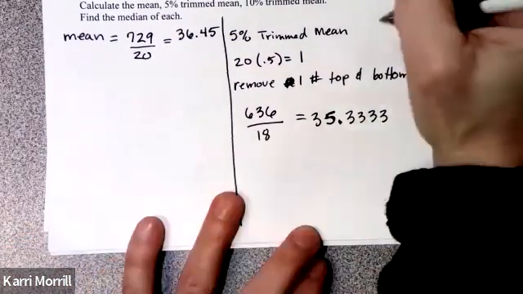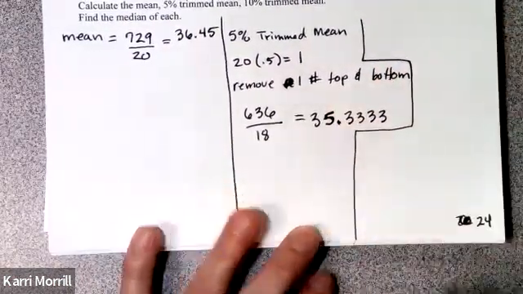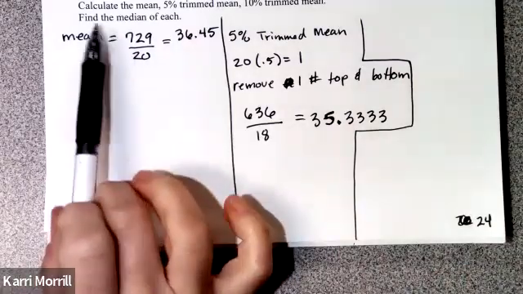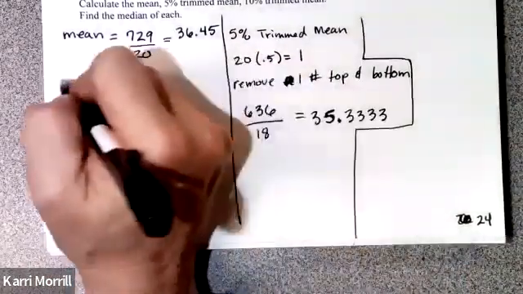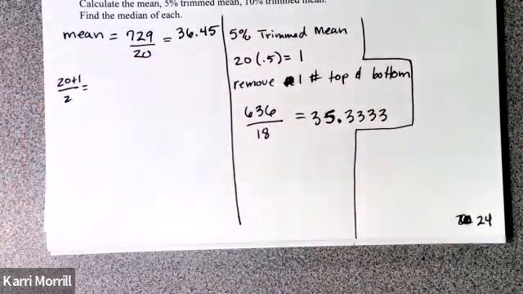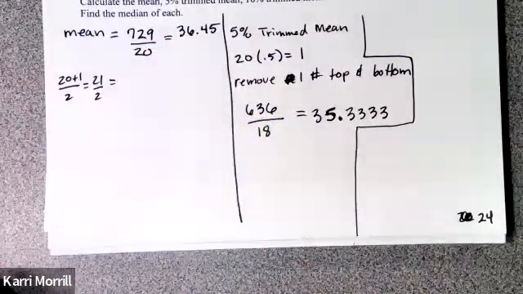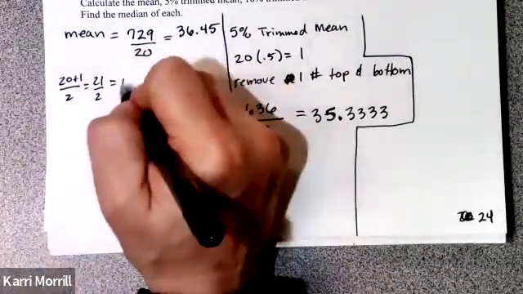It does tell us to find the median of both. So I better go back and do that too. Or the median of each. So remember, if we take 20 plus 1 and divide it by 2, you'd get 21 over 2. So 21 divided by 2 is 10.5.